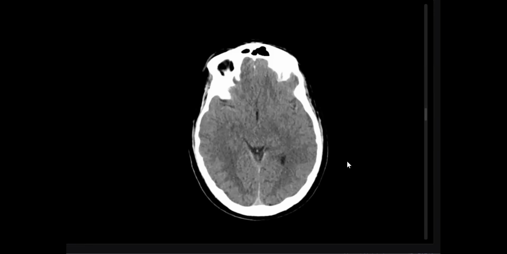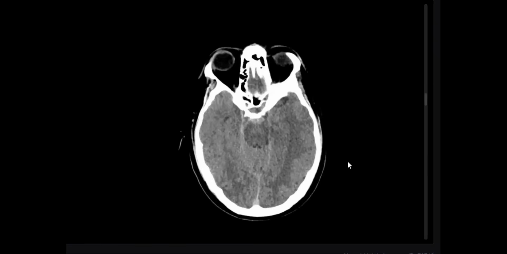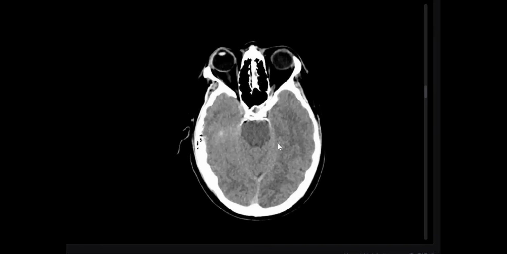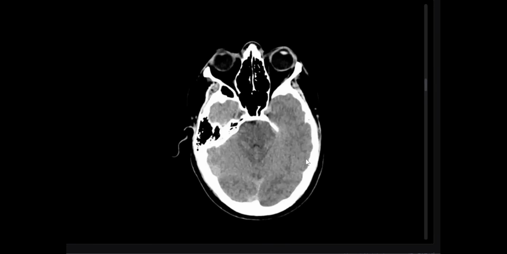There is hyperdensity along the tentorium, posterior tentorium. Are you sure? Where? Here, at the junction. No, this is a normal thickness. If it appears hyperdense but has normal thickness, it's normal dural reflection in the lower part of the falx and the upper part of the tentorium.